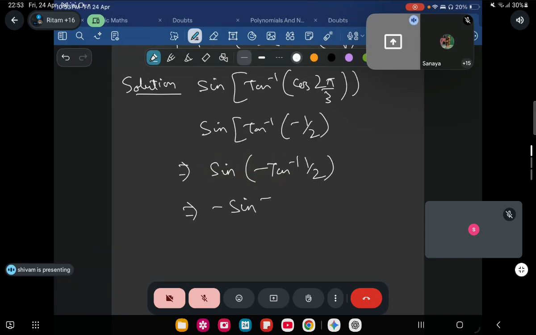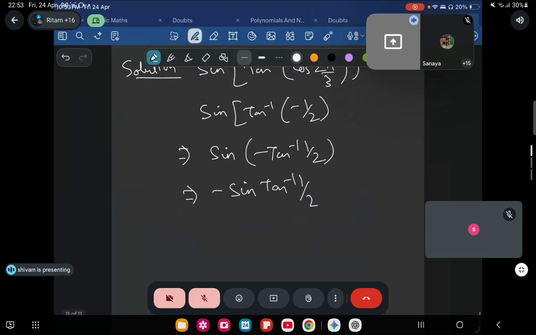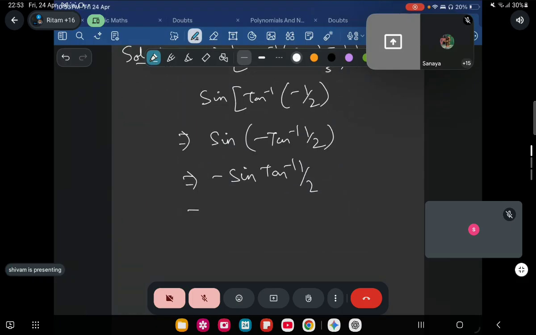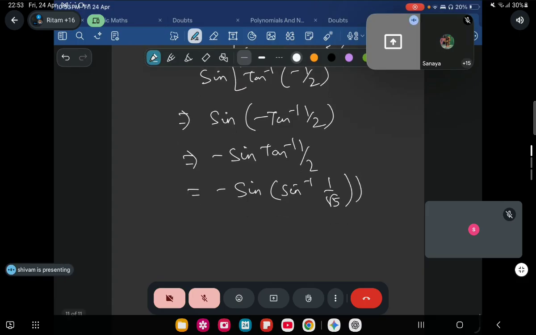So minus sine of tan inverse half. Next. So this can be written as minus sine of sine inverse 1 upon root 5. Okay. So the final answer is minus 1 by root 5.